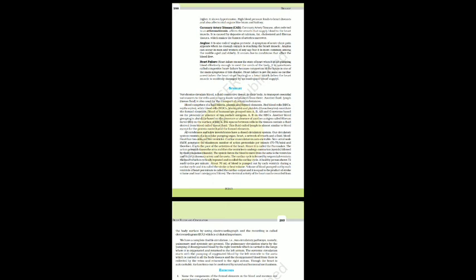High blood pressure leads to heart diseases and also affects vital organs like brain and kidney.